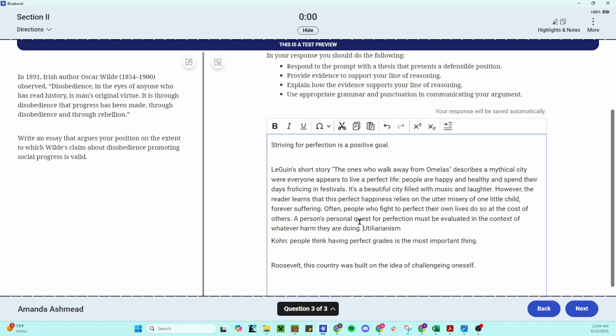And this is where I could just flat out say, utilitarianism argues. Oh, that's really funny though, because then I'm actually making a pro-utilitarian argument, so we're not going to do that. If I said utilitarianism says that you shouldn't do it even if it's good for you, that contradicts Omelis, because Omelis says that utilitarianism is morally bankrupt. So I can't say that utilitarianism supports Omelis, because it's actually the opposite.